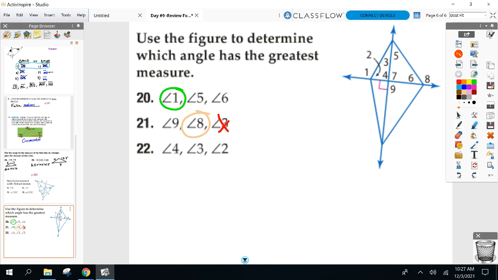Okay. It is 4. What type of angle is 4? Watch. Hey, isn't 4 a right angle? Definitely. And 4, 3, and 2 are all in this triangle. Is there any possibility that any of those other angles could be bigger than 90? You're going to go over 180, aren't you? Yeah, so it's got to be 4.